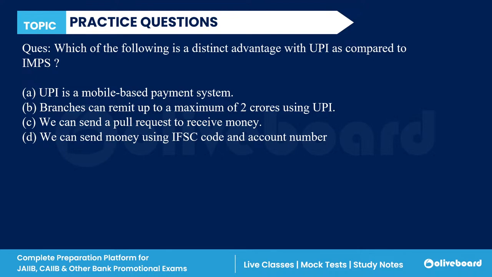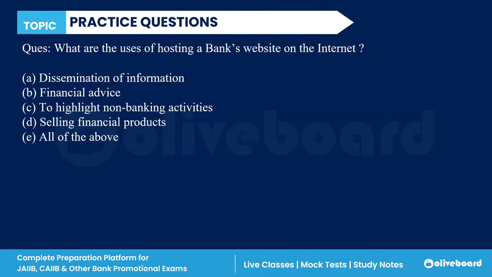We can send a pull request to receive money, or send money using IFSC code and account number. Everyone, what is the advantage? Yes, the correct answer is C. We can send a pull request to receive money, which is not present in the immediate payment services, right?